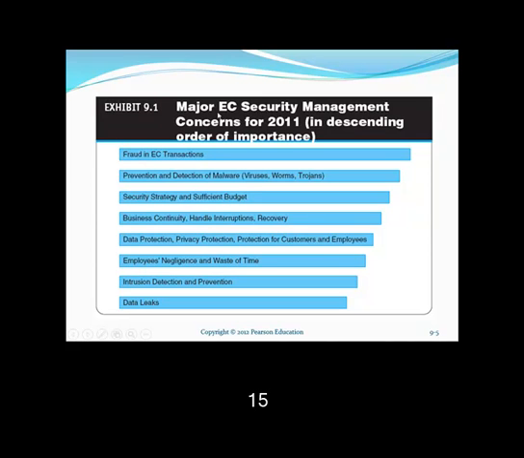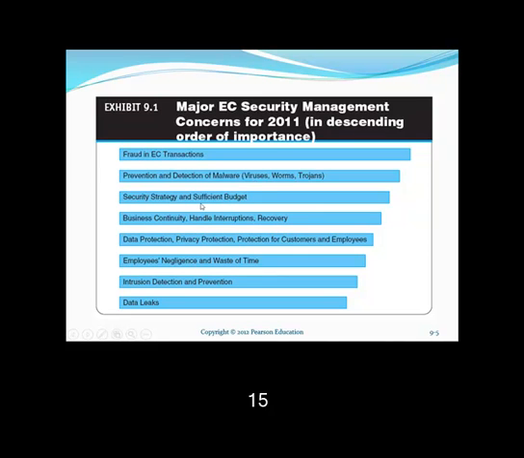So these are major e-commerce security management concerns for 2012 in descending order of importance. In descending order, meaning the biggest concern is fraud in the e-commerce transaction itself, followed by prevention and detection of malware, malicious software, that includes virus, worm, trojan.